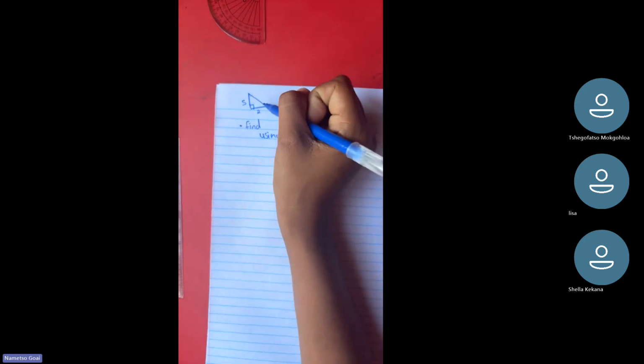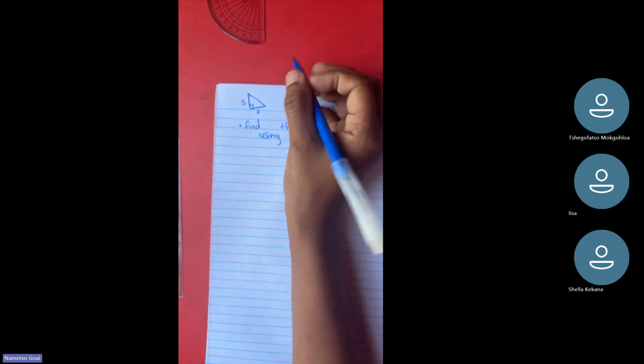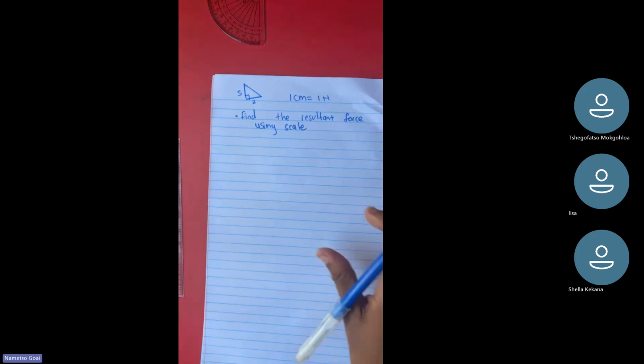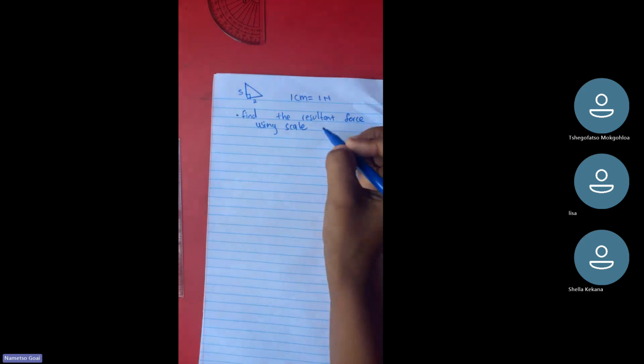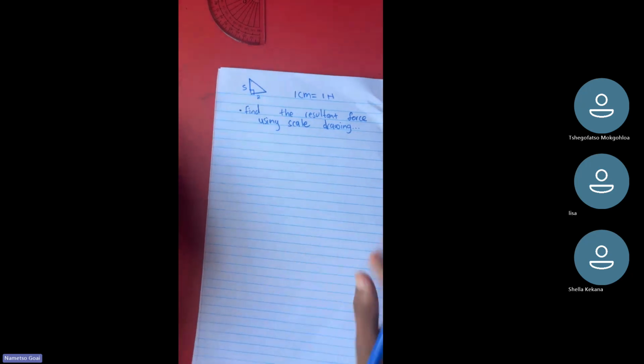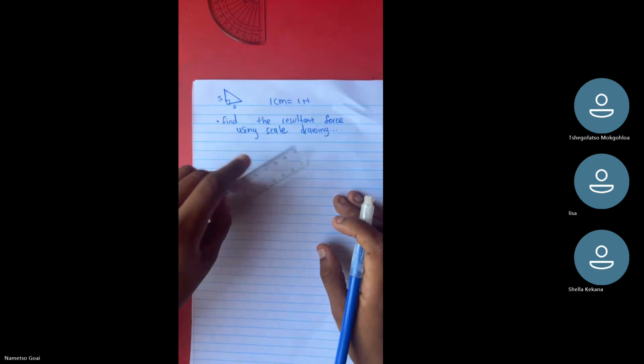We know that the resultant force is going to be given to us by Pythagoras theorem, right? But over here, we are told to find the resultant force using scale drawing, right? I sent out an announcement on the group, asking that when you join today, make sure you have your protractors ready. It was for this particular question. So yeah, let's do it.